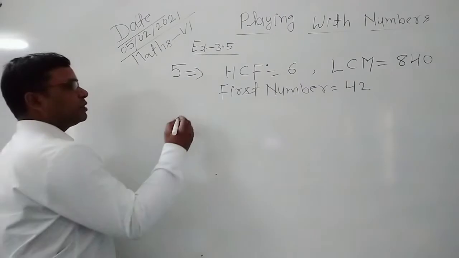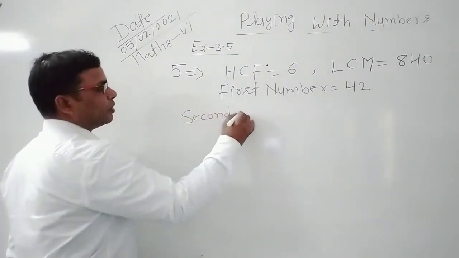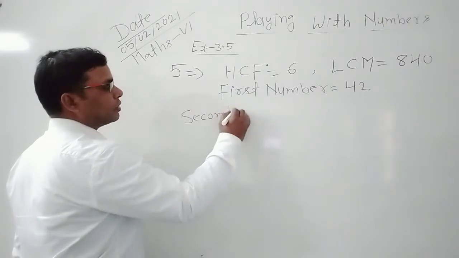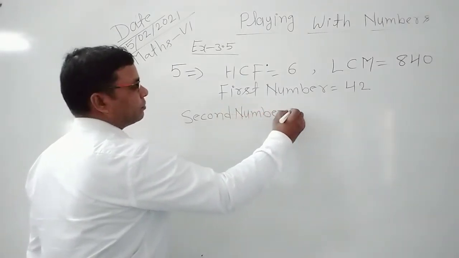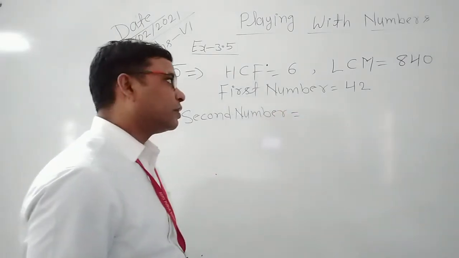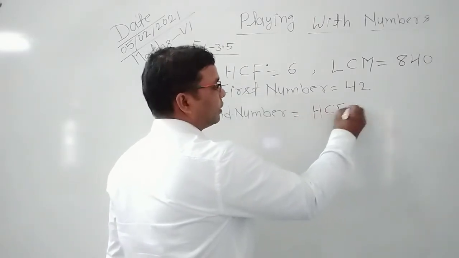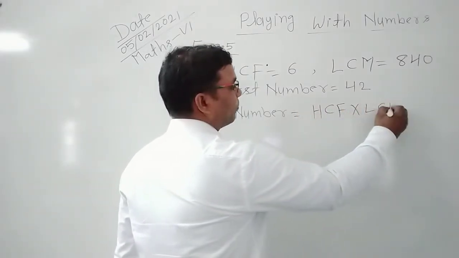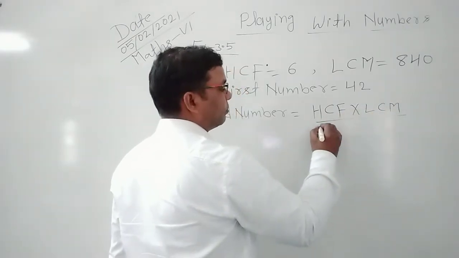So for the second number, we use the formula: second number is equal to the product of two numbers divided by the first number. Product is equal to HCF into LCM, divided by the first number.